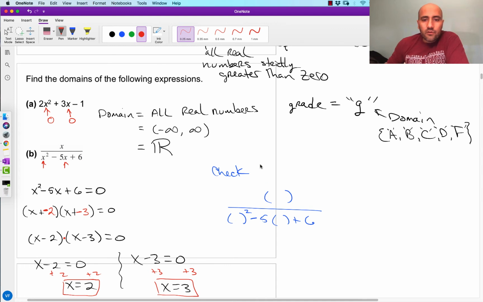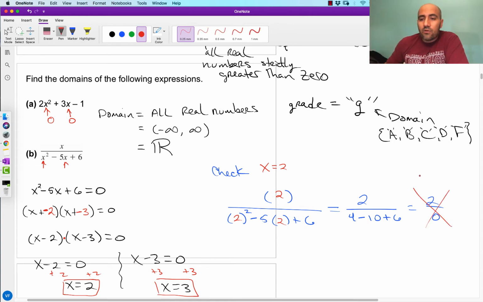Let's put it in red. So if we let x equal +2, I put a 2 there, a 2 there, a 2 there, and note what happens. We end up with 2 divided by 4 minus 10 plus 6, which equals 2 divided by 0, and we have a problem, right?